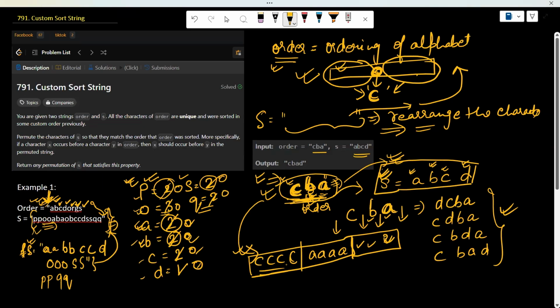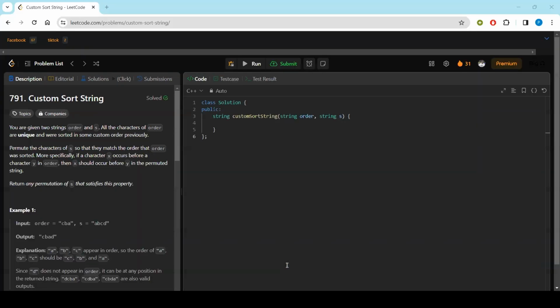Now we can see in this permutation, we are following the order as well as we have written all the characters from this string S in the final string. So in this way, we are following this order as well as it's a permutation of the string S. Let's see how we can code it.